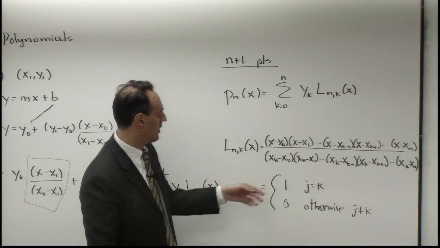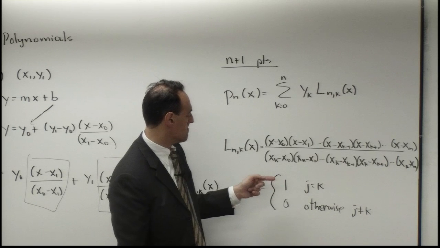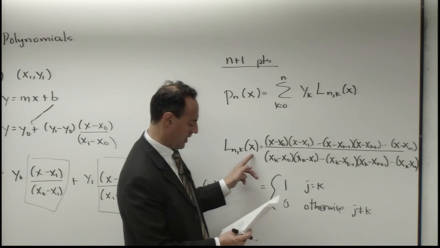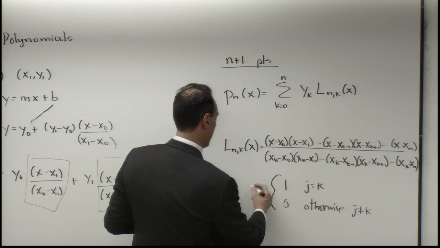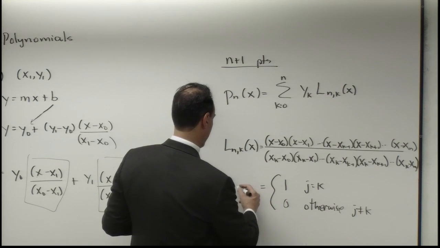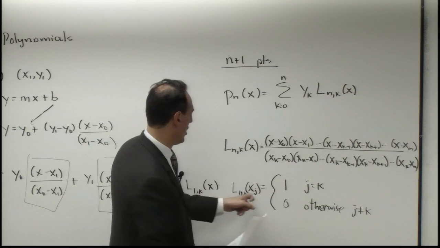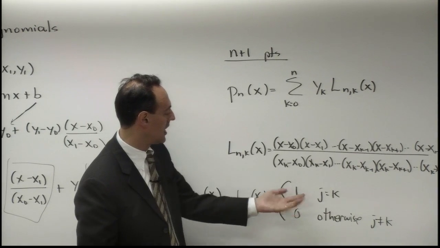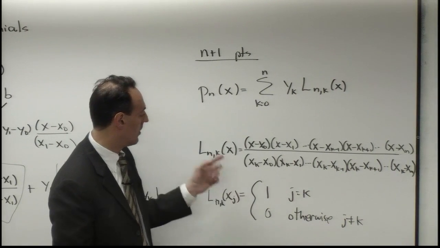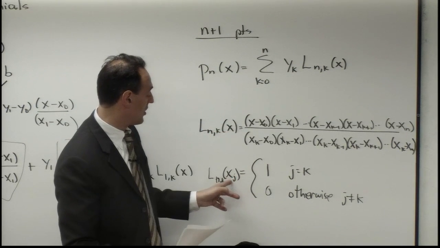If you put in j equals k, so in other words, for this thing here, l_n,k of x_j, I put in x of j, and let's look at this thing when j is k.